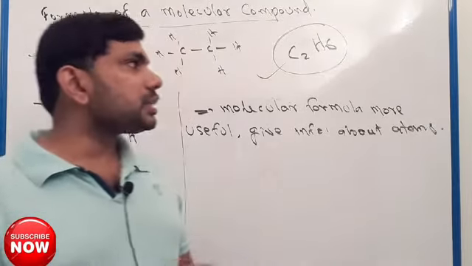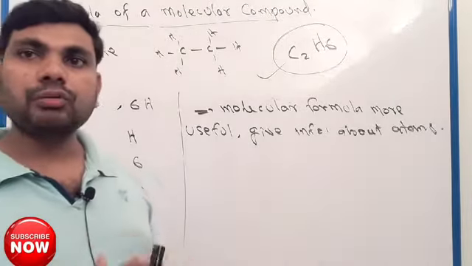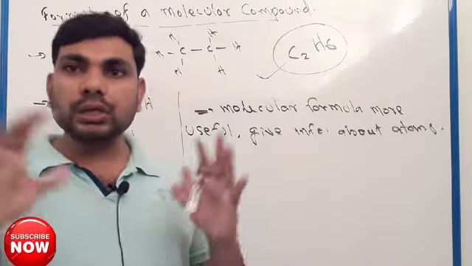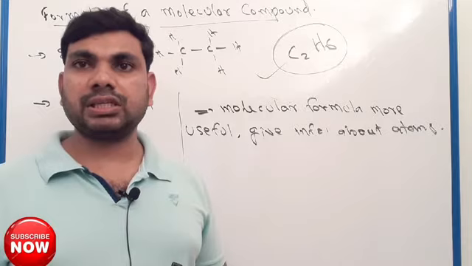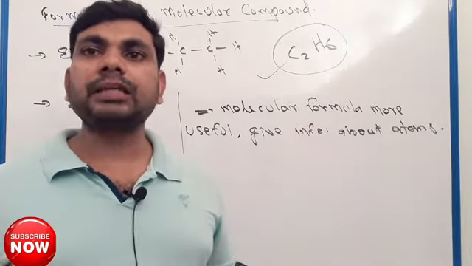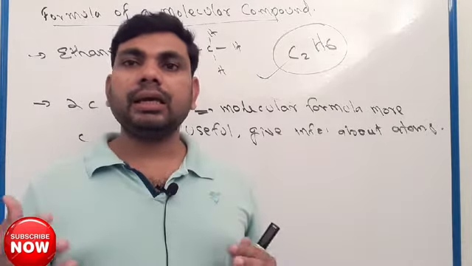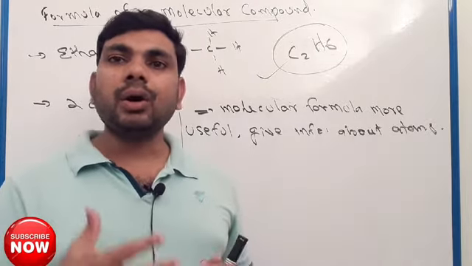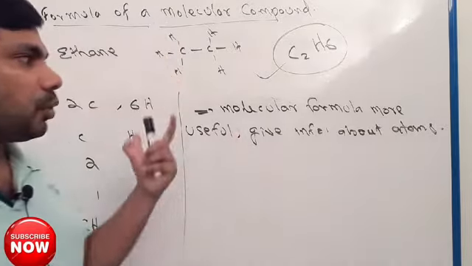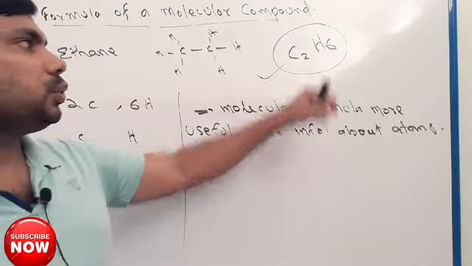So this is a molecular compound. It tells us the total number of atoms present. Before, in an ionic compound, we cannot predict how many atoms are there. It is based only on the ratio of atoms. But here this is a molecular compound, here C2H6.